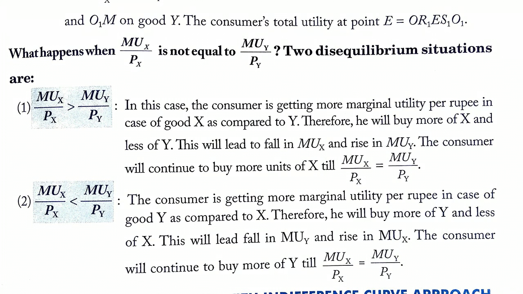By decreasing the consumption of one commodity, its marginal utility will gradually increase, and by increasing the consumption of another commodity, its marginal utility will gradually decrease, and a situation will come when both have the same marginal utility by spending 1 rupee. So this is about the equilibrium of one and two commodities, the cardinal concept.